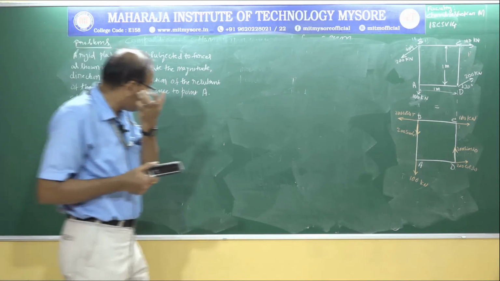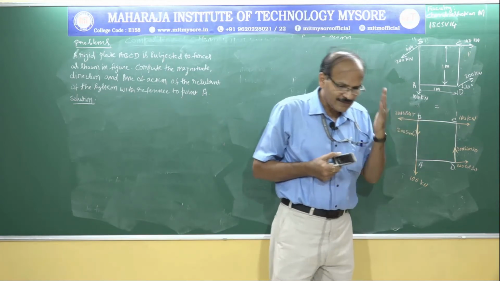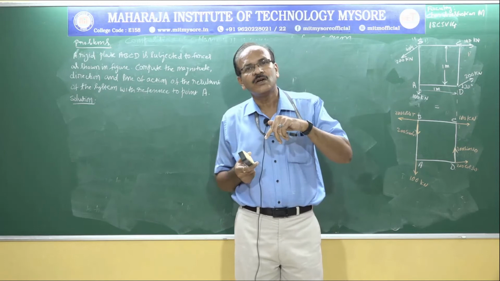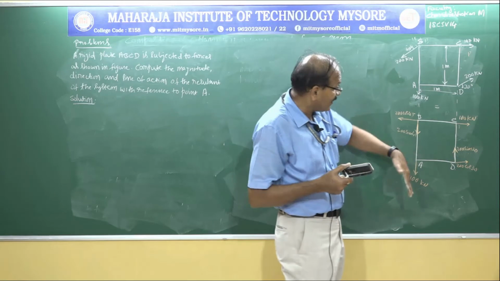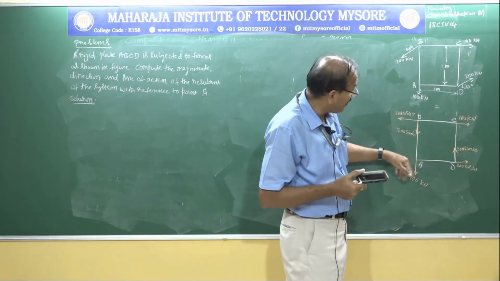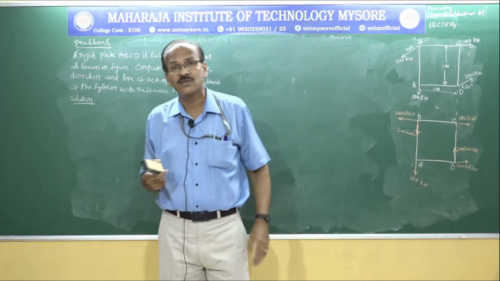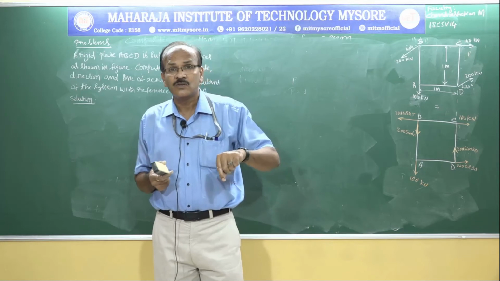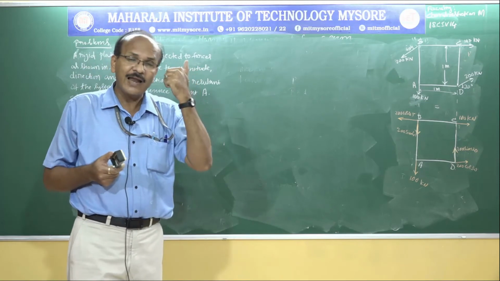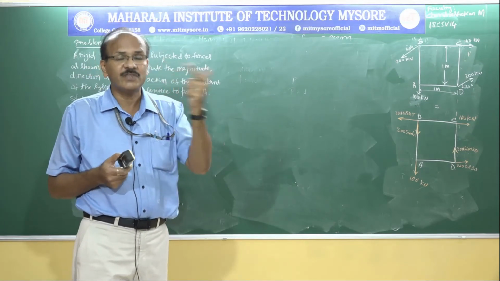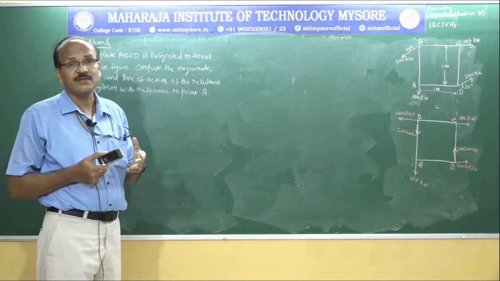But here, because it is non-concurrent, not only the direction and the magnitude, we also need to locate the position of the resultant. That resultant may be acting with reference to A, may be acting here, here, here, or here. We don't know where exactly it acts, so we need to find out. So here we need to find out three quantities: the resultant value, the angle the resultant is acting with reference to some reference line, and the position of the resultant.